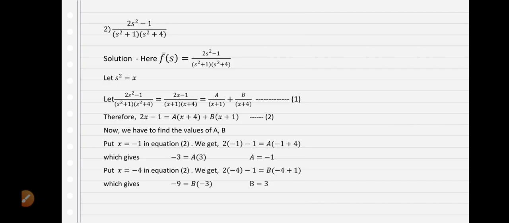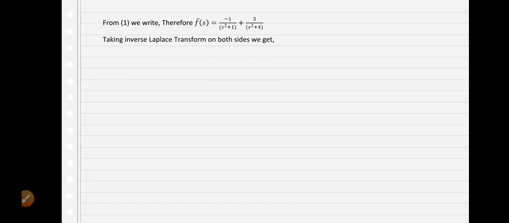Now using these values of a and b and using expression 1, the f bar of s in terms of s itself becomes minus 1 upon s square plus 1 plus 3 upon s square plus 4. Now we have to take the inverse Laplace transform on both sides.